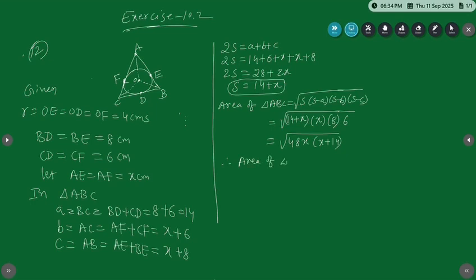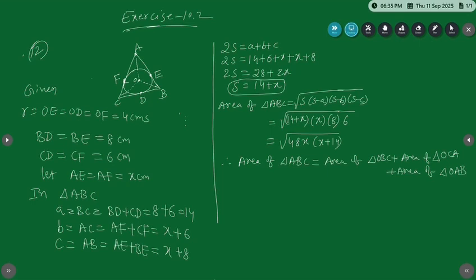In this triangle ABC we observe three triangles formed. The area of triangle ABC equals the area of triangle OBC plus the area of triangle OCA plus the area of triangle OAB.